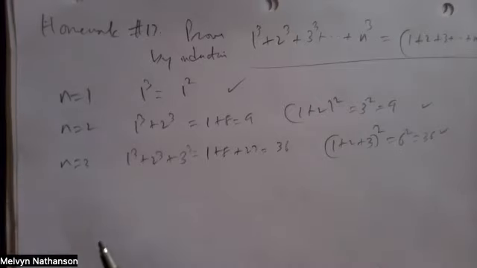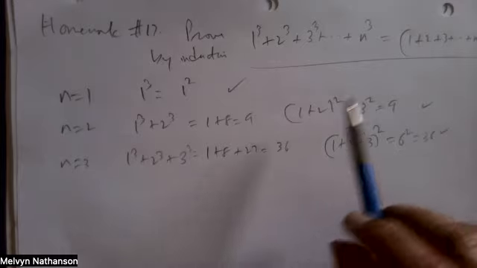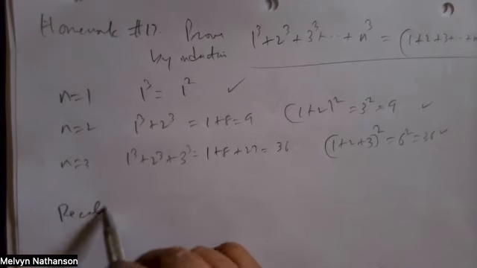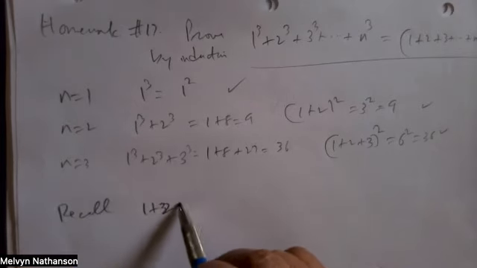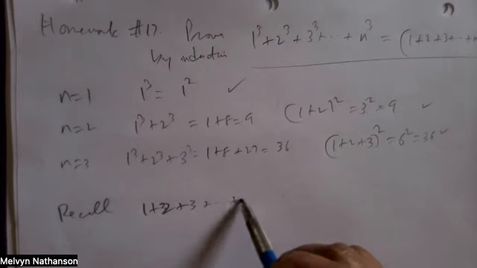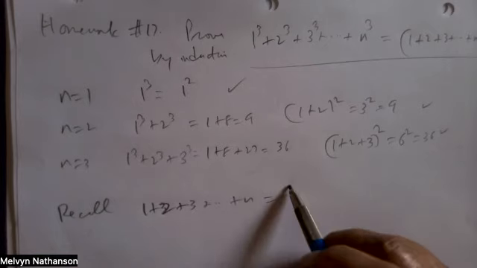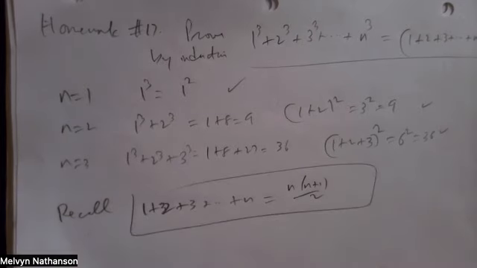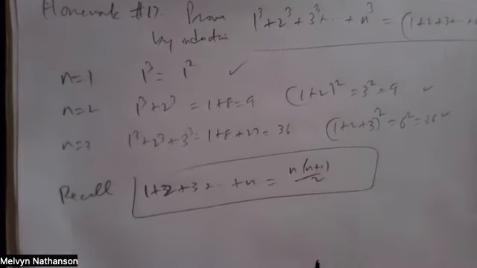But a useful fact in proving this result is the already proved fact that the sum of the first n integers is n times n plus 1 over 2. So we already proved that.